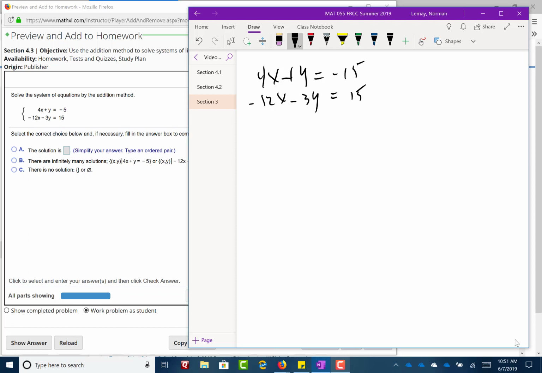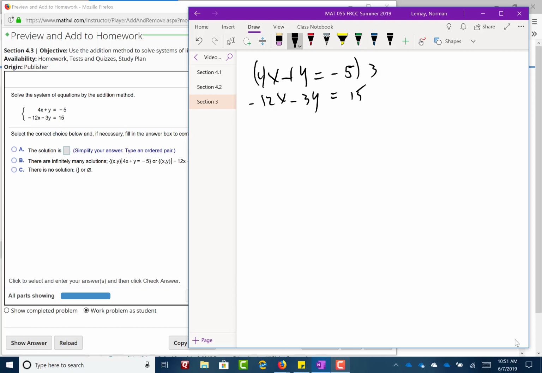So again, hopefully we're seeing that if we take a look at our variable here, it doesn't matter which one we want to eliminate. We already have opposite signs. So notice that if I multiply this top equation here, this one's supposed to be a 5, sorry, negative 5.